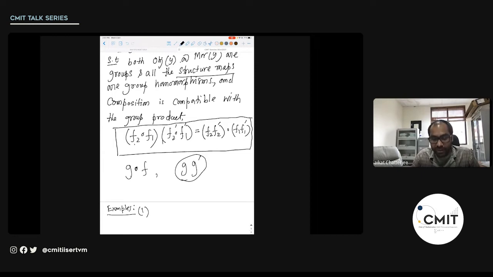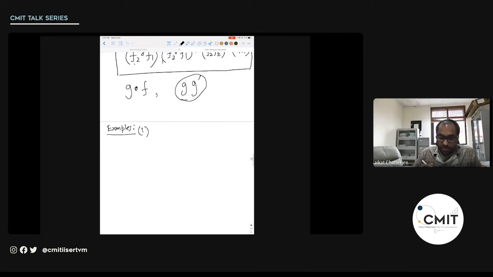That follows from the fact that S and T are both group homomorphisms, so this condition is met. Whenever I write a composition, the underlying assumption is that the composition makes sense, and in this case it will follow anyway.